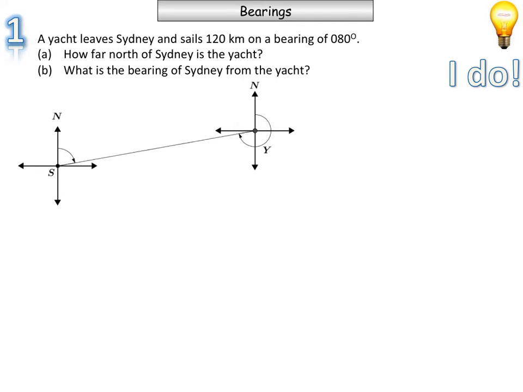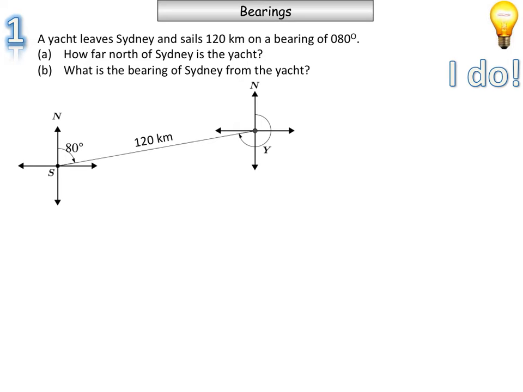So S for Sydney, Y for yacht, we have an 80-degree angle, and that yacht travels for 120 kilometres. The first part is asking how far north of Sydney is the yacht, so how far up has it travelled? It's travelled 120 kilometres in total, but it's got a horizontal and a vertical part.